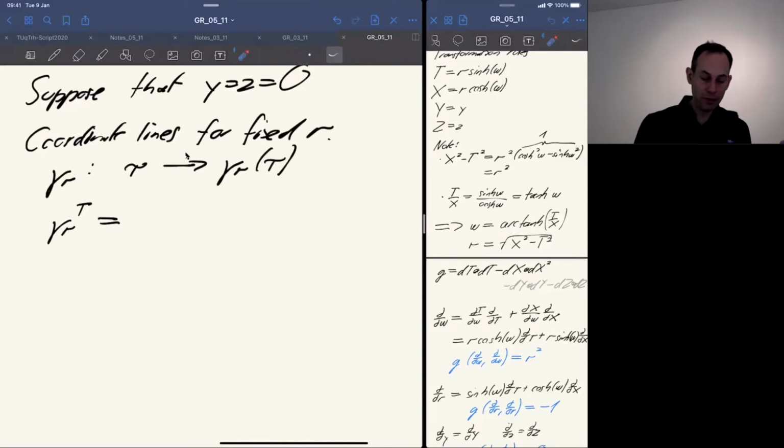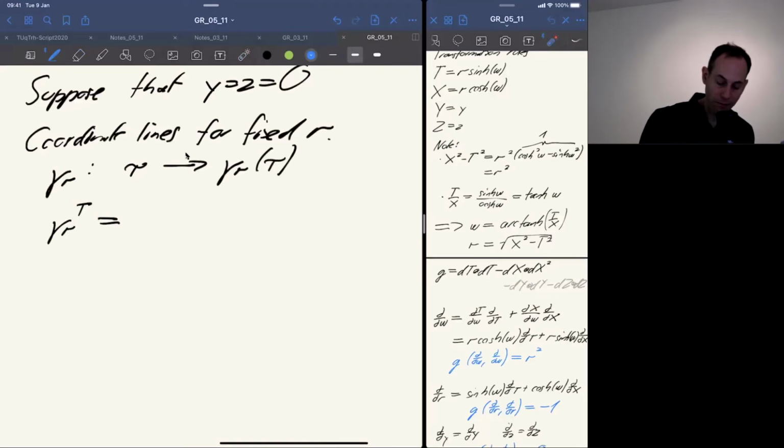So maybe it's important at least once to specify what I mean here. Our usual notation would be the following. If we look at a velocity vector, let me do that later.